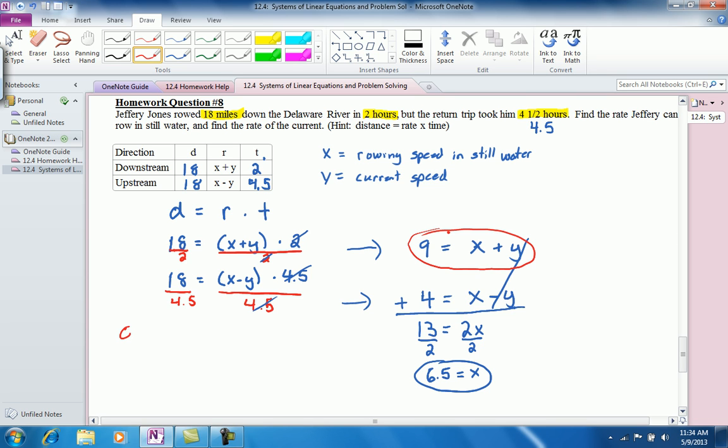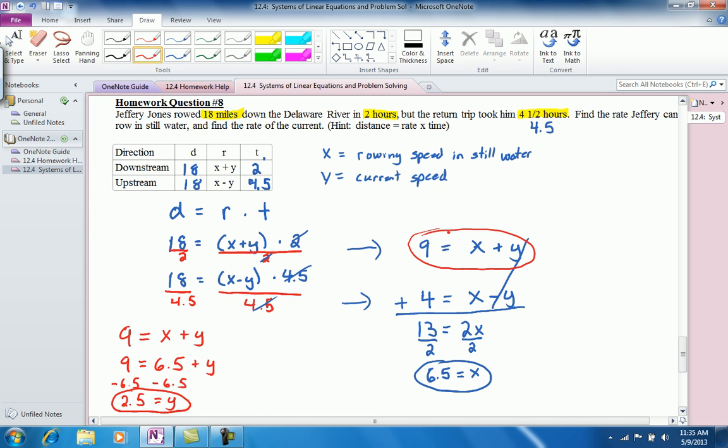So I'm going to jot that equation back down. I know that x is 6.5, so I will substitute that in. I'm going to take away 6.5 from both sides to get y by itself, and I will get 2.5 equals y.